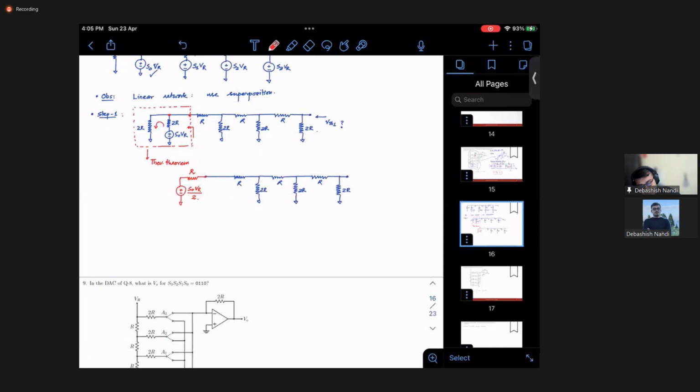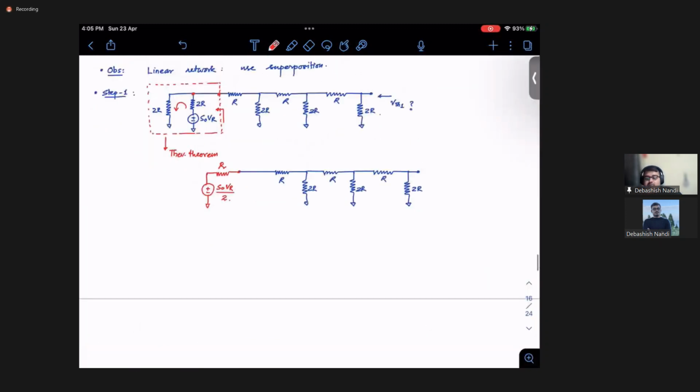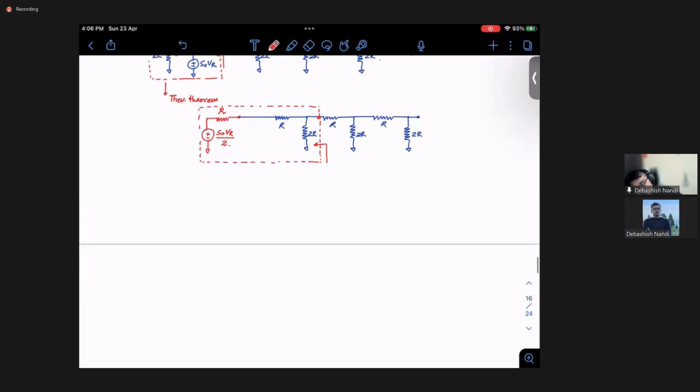Now if I take this much of the circuit and apply Thevenin theorem looking at this port, what will I find? From this step to the next step, applying Thevenin, again I will have a series resistance, a series Thevenin voltage source.